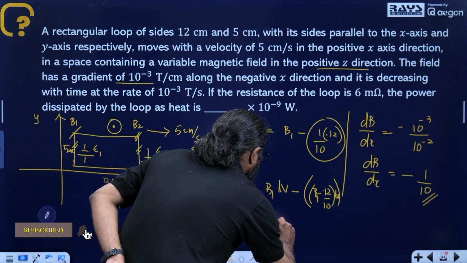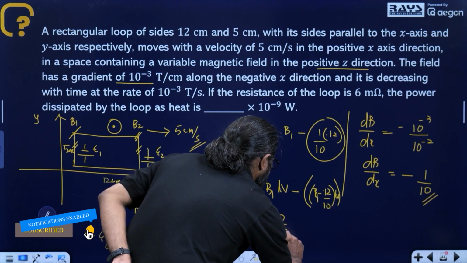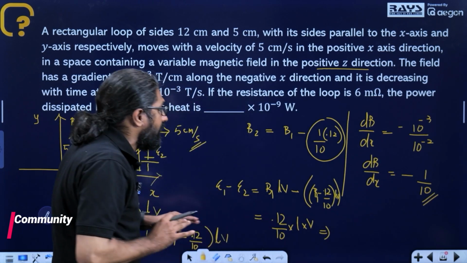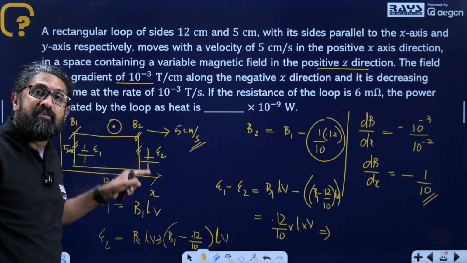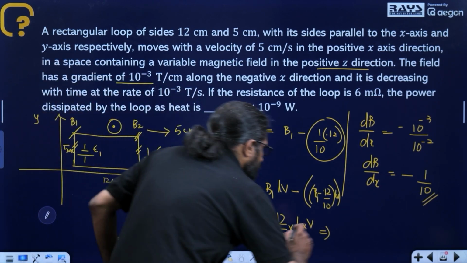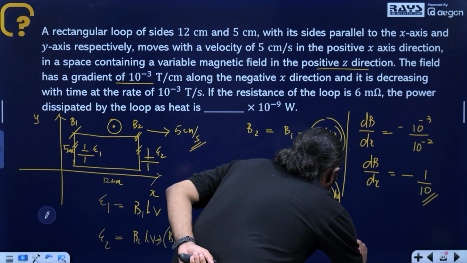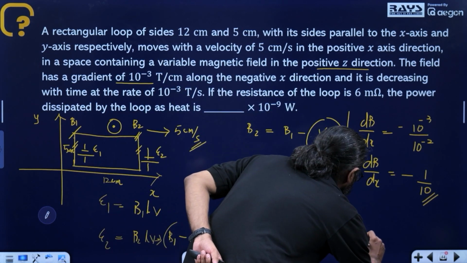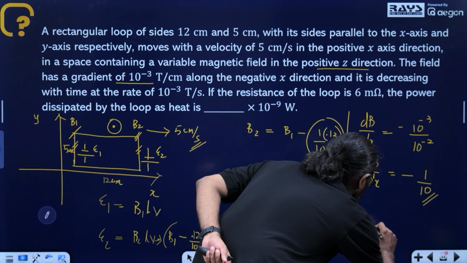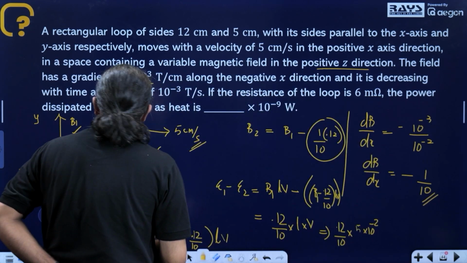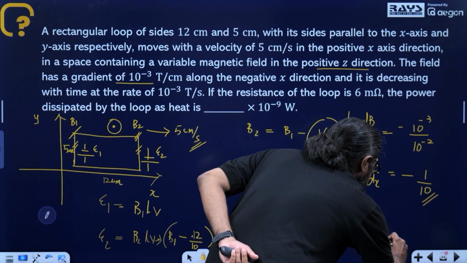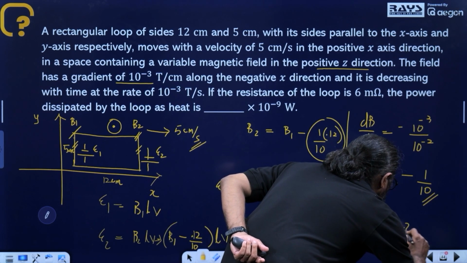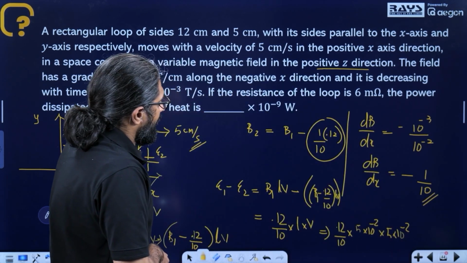You will get 0.12 by 10 into L into V as the net EMF due to this motional EMF alone. How much will that be? 0.12 by 10 multiplied with L, which is 5 centimeters. That is 5 into 10 raised to minus 2, since 5 centimeters, and V is 5 centimeters per second, so we have to say 5 into 10 raised to minus 2 meters per second.